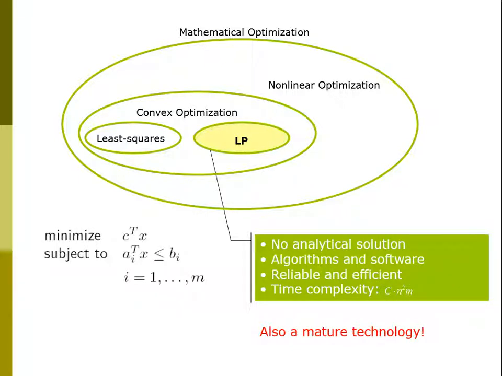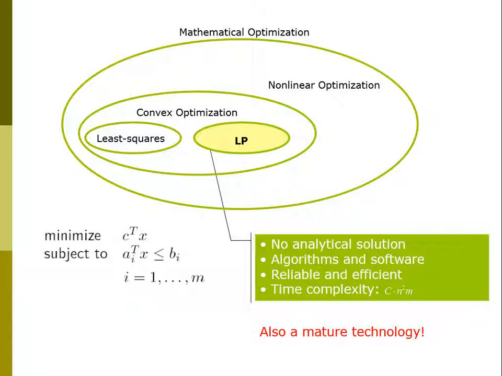However, for linear programs, there is no analytical formula for the solutions. But there are many effective methods for solving them, including the interior point method. The complexity of the interior point method is of order n squared multiplied by m.